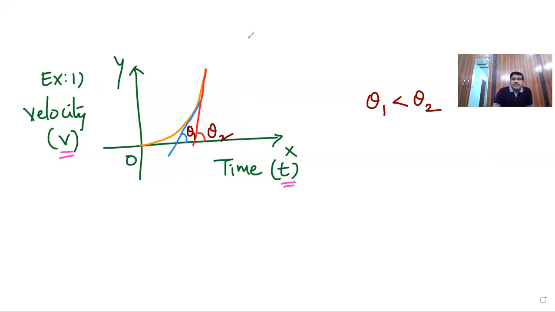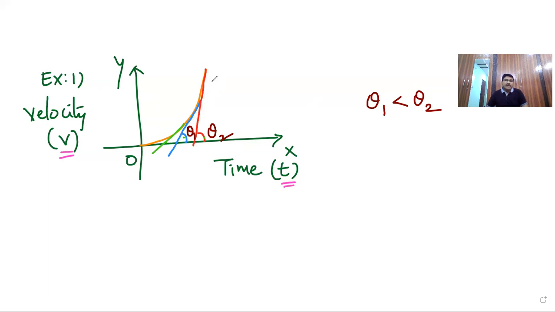So slowly the slope is increasing for the curve. If I draw a line here, observe, again the slope of this is very much less than the slope of this. That means as the curve is moving, with the increase of time, the slope is slowly increasing. Clear? As the slope increases, what does the slope indicate?